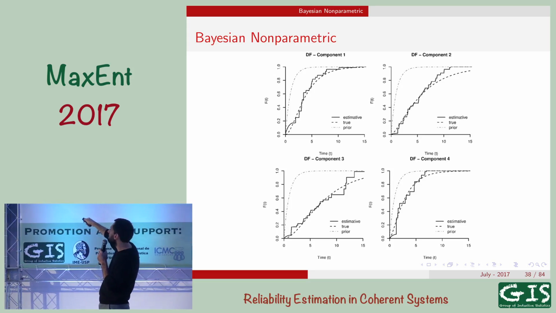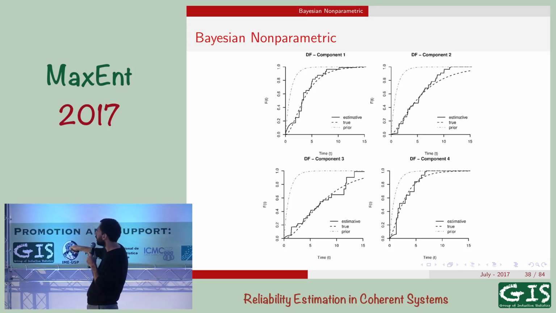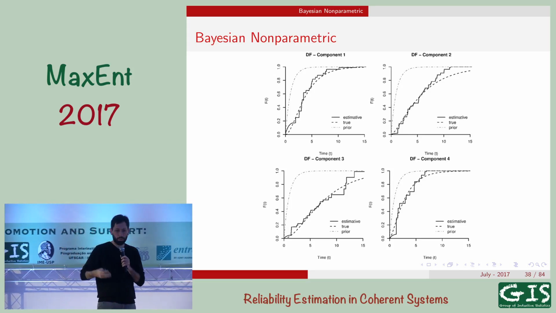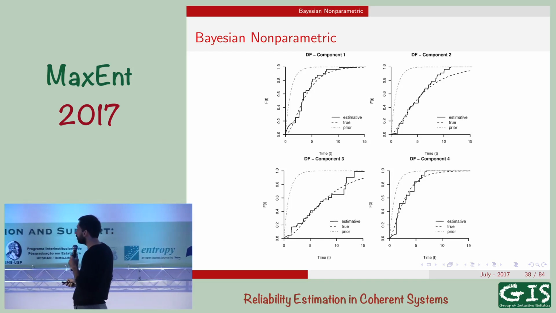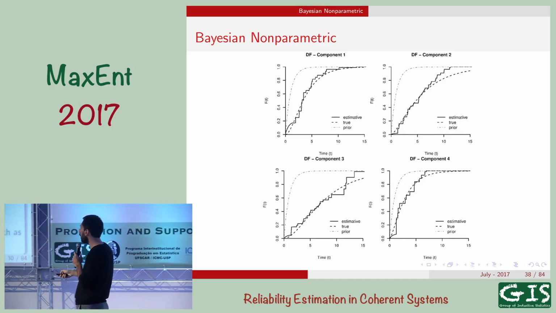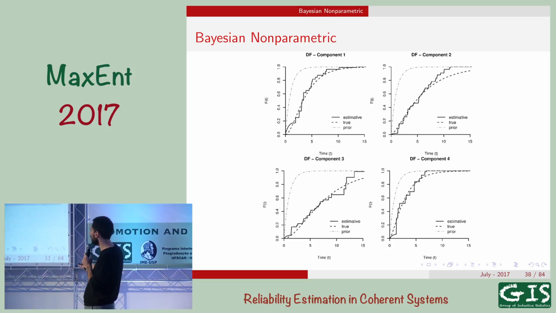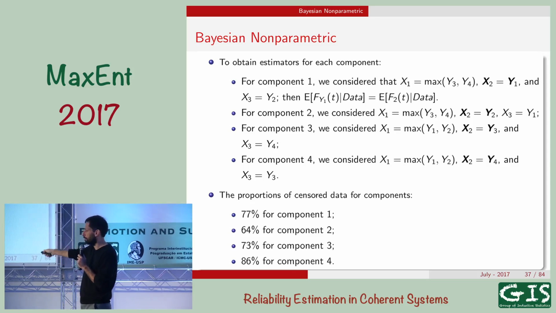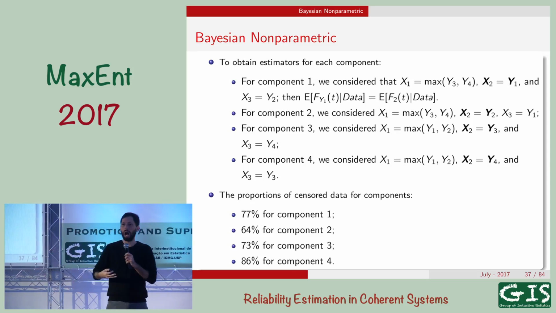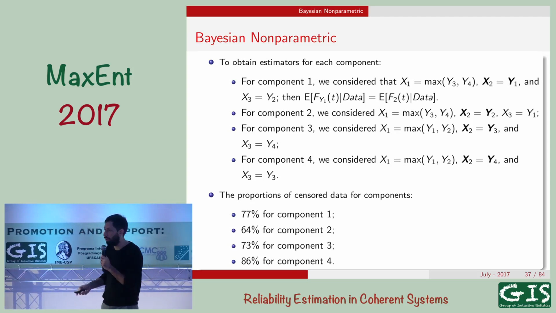If you look here, the same is happening. So I told you yesterday, this is quite good. Yes, it is quite good, because we have a lot of censoring. So it's quite hard to work under this scenario.